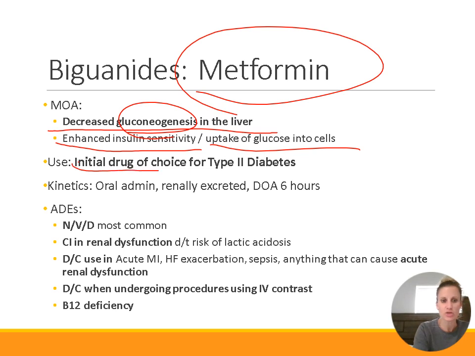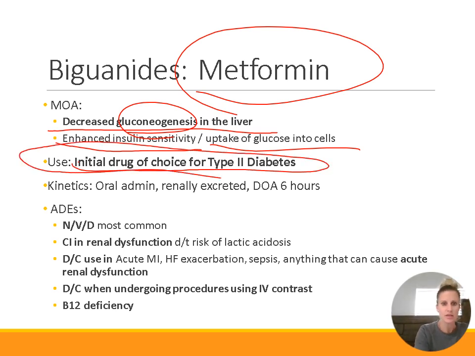Metformin is the initial drug of choice for type 2 diabetes. In the very beginning of the part 1 lecture, I showed you a treatment algorithm for type 2 diabetes. And it said, any of our type 2 diabetic patients with a hemoglobin A1C over 7 are generally started on metformin, and we titrate that dose up to their maximum tolerated dose.